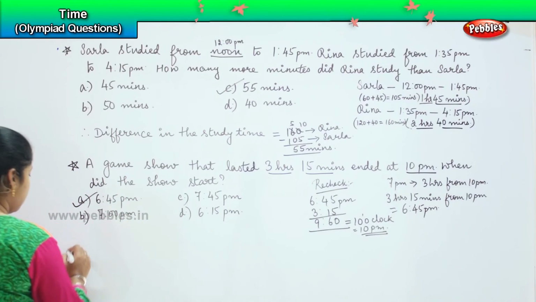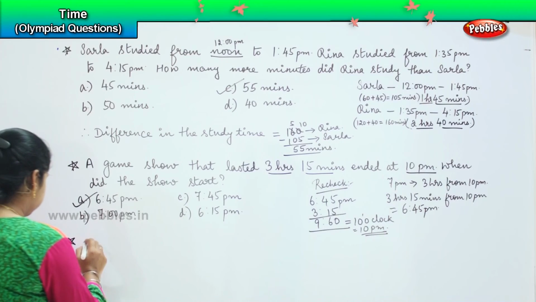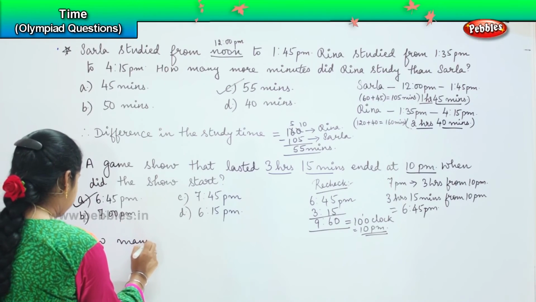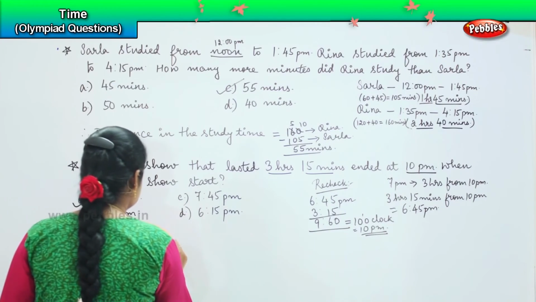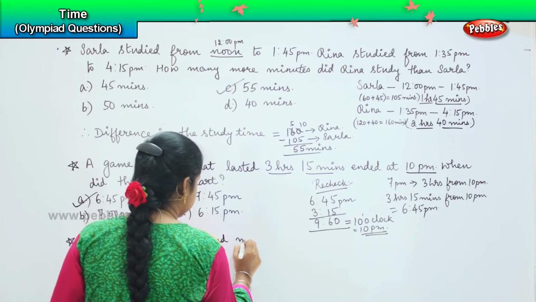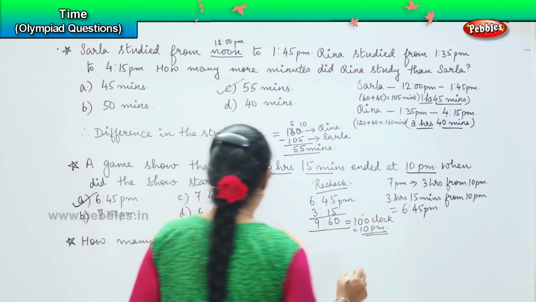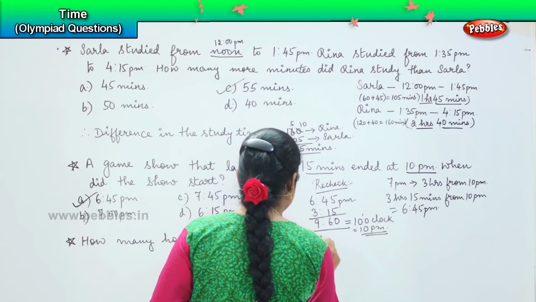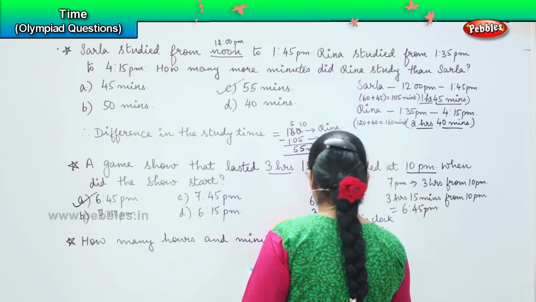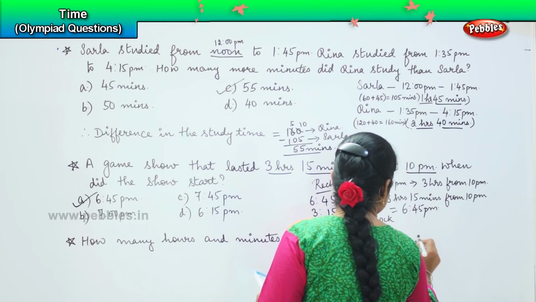So here is your next question. Okay. The next question says, how many hours and minutes are there in 328 minutes?